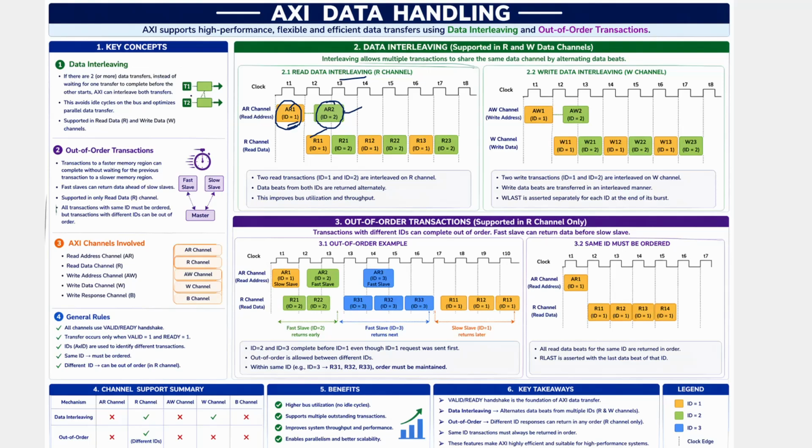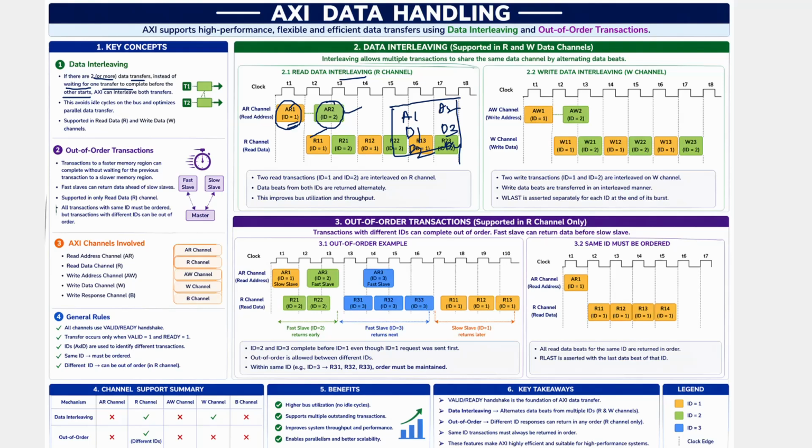Suppose you have four data and two addresses, address 1 and address 2. In this, data 1 is happening, and without completing data 1, data 2 is also transferring, and then for address 2, data 3 and data 4 are transferring. That is called interleaving. So there are two or more transaction data transfers, and instead of waiting for one transfer to complete, the other starts before that.